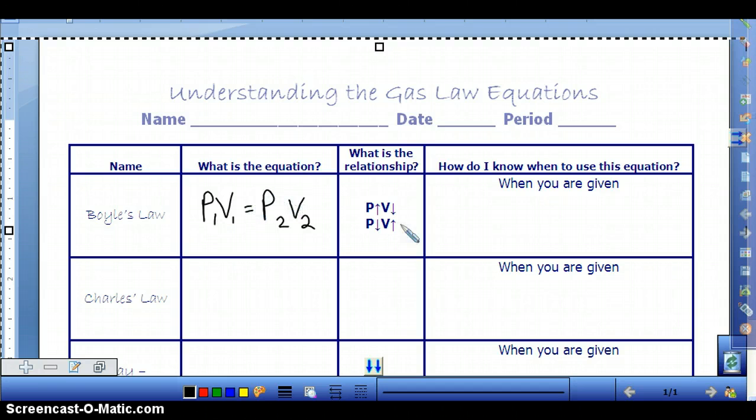We gave you an example right here to show you an inverse relationship: when pressure increases, volume decreases. And when the pressure goes down, the inverse would be that the volume would go up.